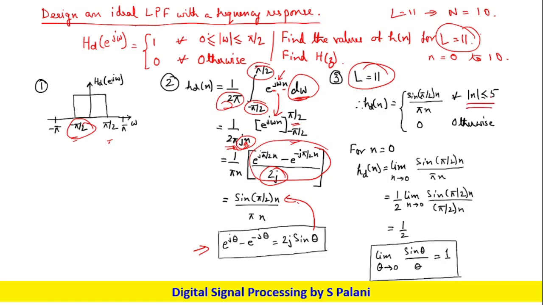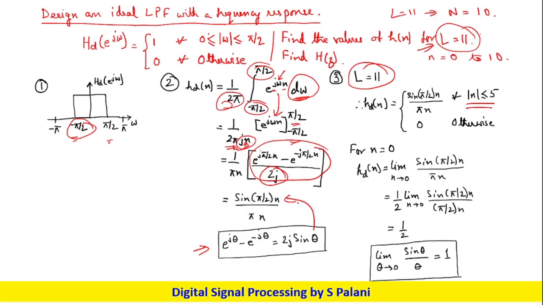less than or equal to 5. So why have we done this? Because we have discussed that we are dealing with a type 1 filter. Length is odd.